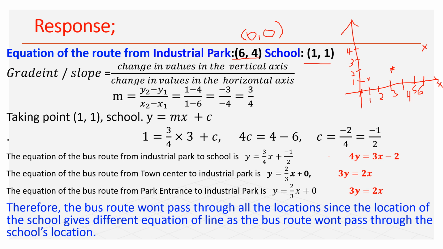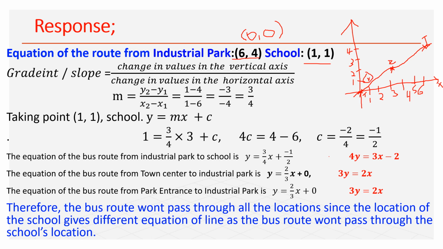So since I'm moving from the origin, you can see that my line goes through these 3 points. That is the town, the park entrance, and the industrial park. But it's leaving out the school.